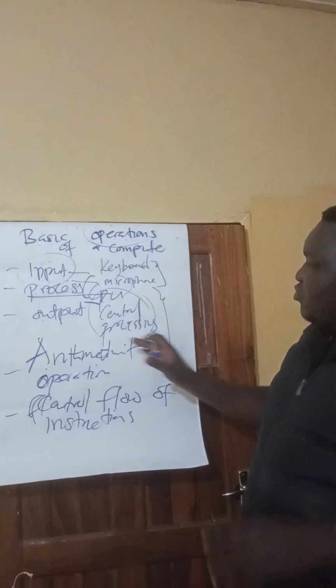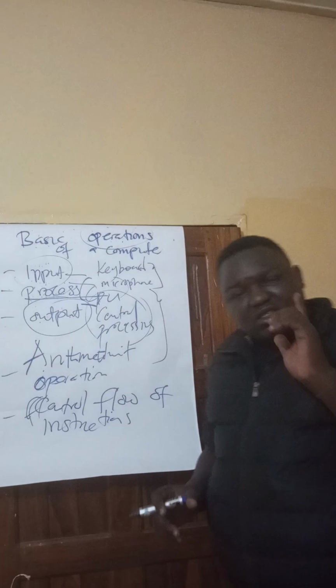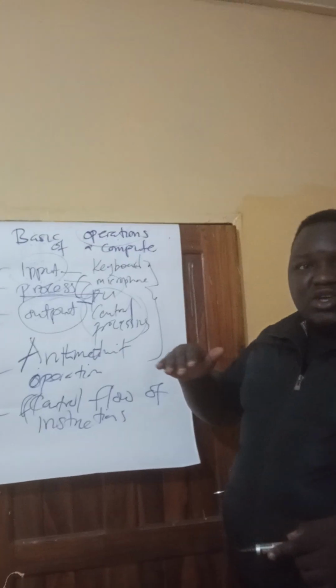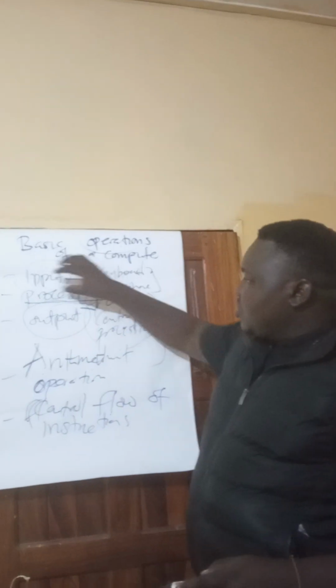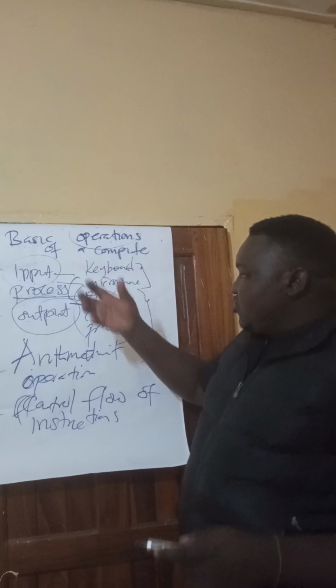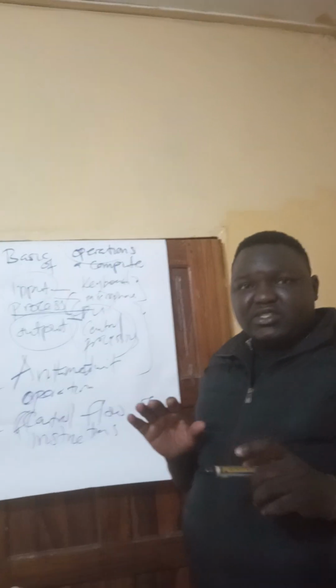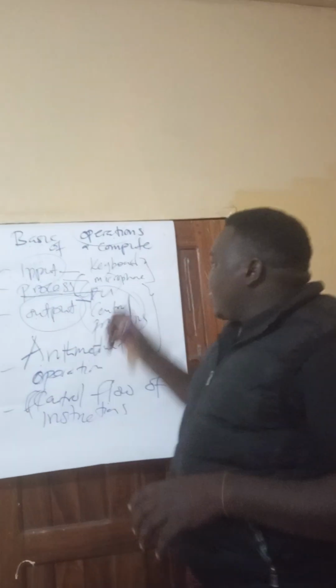Apart from that, we have another basic operation which we refer to as the output device. It's a process. We start from the top, which is the input. The information received from the external devices is stored in the memory. From there, it's processed, depending on the type of information that has been received.